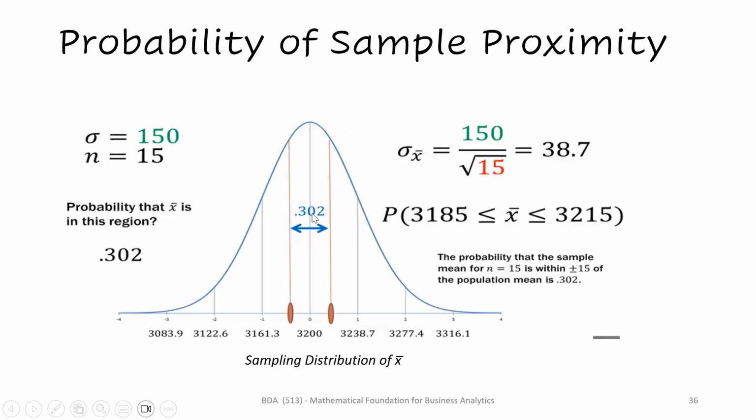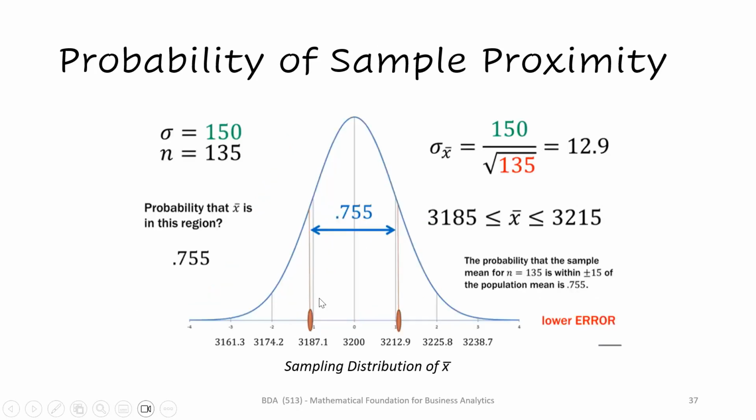So you see that the first one, the probability was 0.302. When we increase the population size, you see that the standard deviation reduced, didn't it?